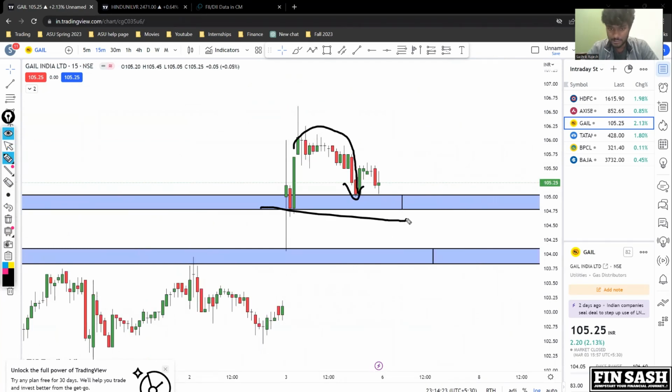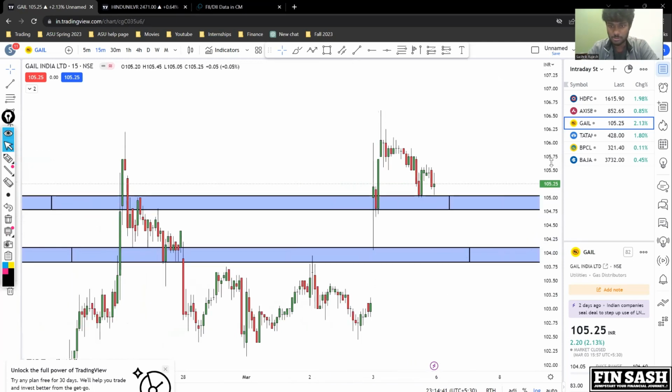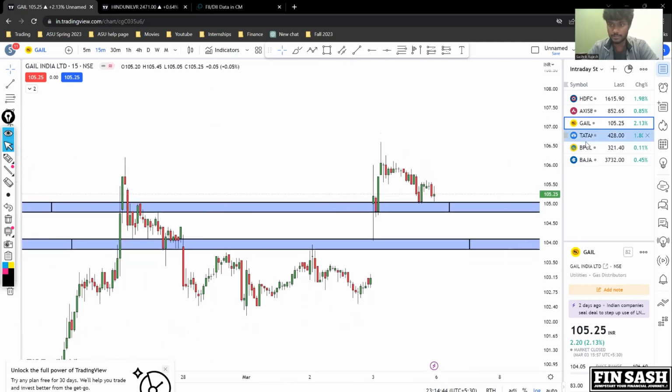If it breaks this level, you can take a quick target for this level. So if it gives a red candle here, keep the stop loss above this level, and this could be our target. Don't worry, I'll give all the zones and the levels after I finish explaining all the stocks. So that was for Gale.